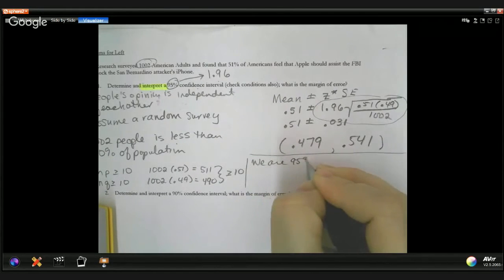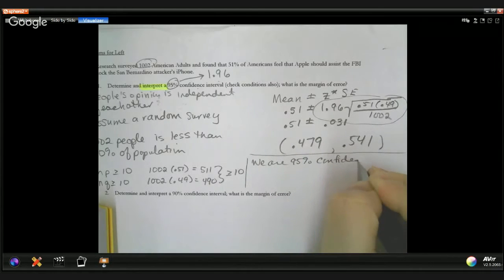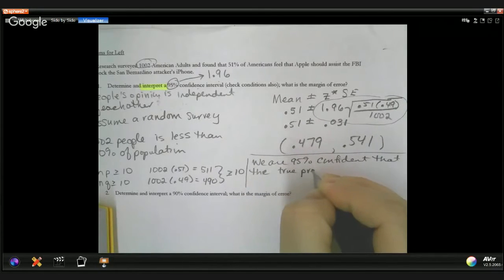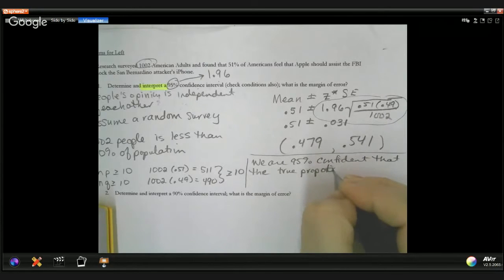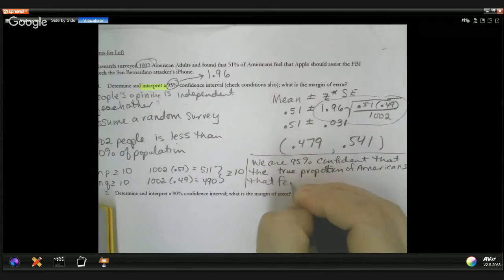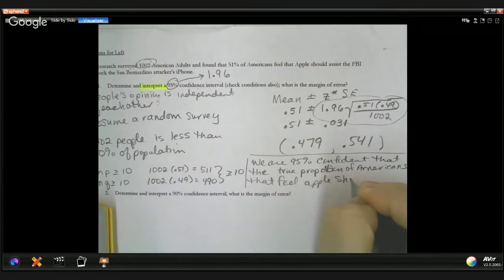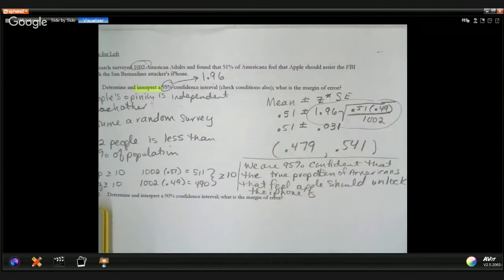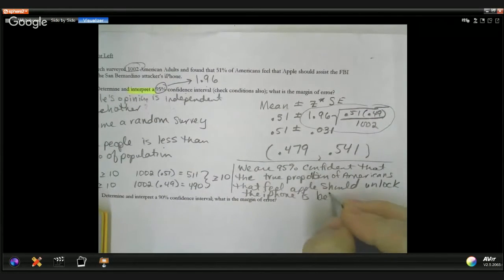We are 95% confident that the true proportion of Americans that feel Apple should unlock the iPhone is, you can't see all that, between 47.9% and 54.1%.